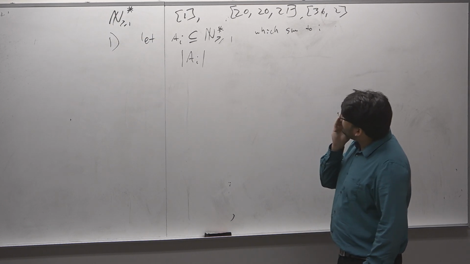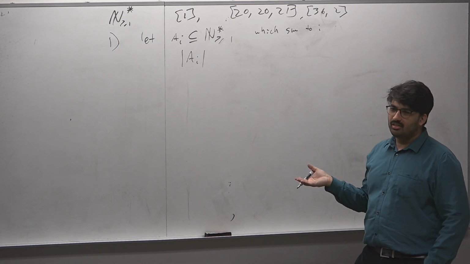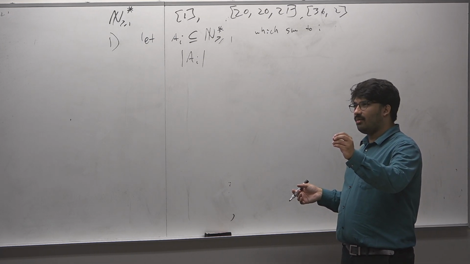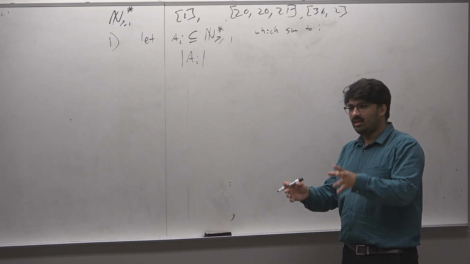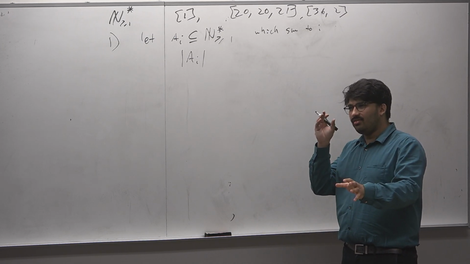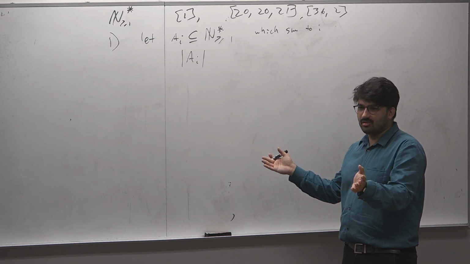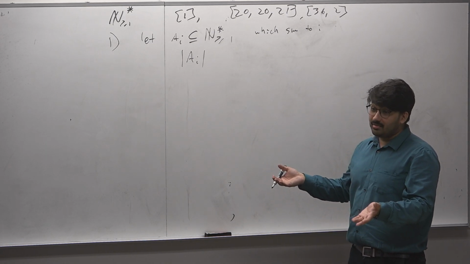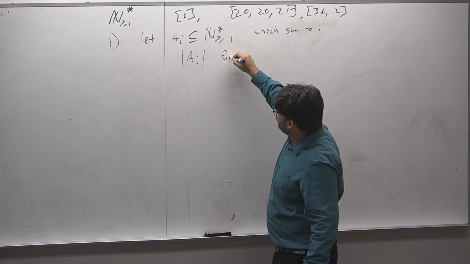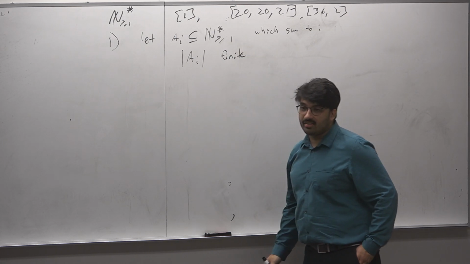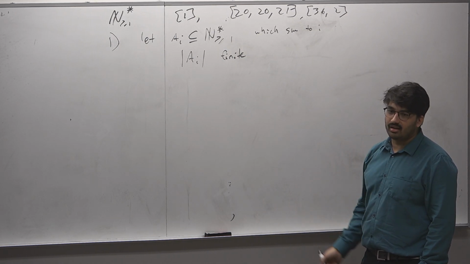Not quite. How many sequences sum to 30? There's 30 by itself, and then there's 15, 15, 10, 10, 10, 5, 6, 7, something like this, right? There's a lot of sequences, but importantly, finite. For each I, the number of sequences that sum to I is finite, right?